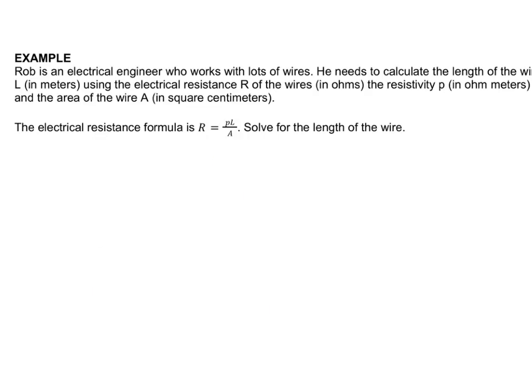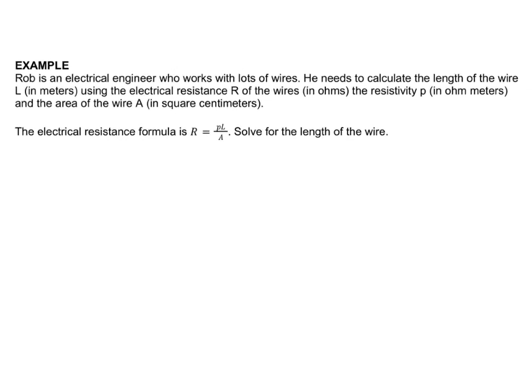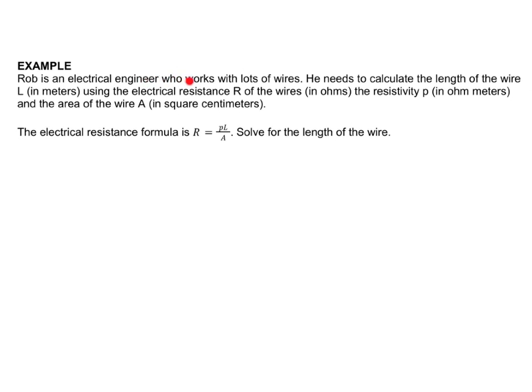All right, on this word problem, I'm reading it as: Rob is an electrical engineer who works with lots of wires. He needs to calculate the length of the wire, L, in meters, using the electrical resistance R of the wires in ohms, resistivity, P, in ohm meters, and the area of the wire, A, in square centimeters.